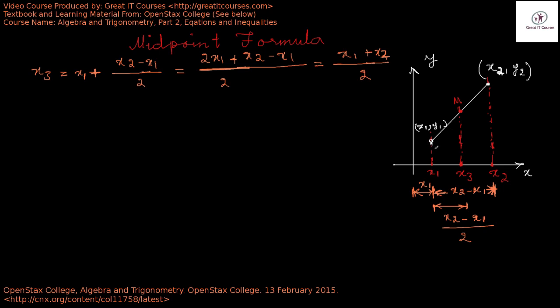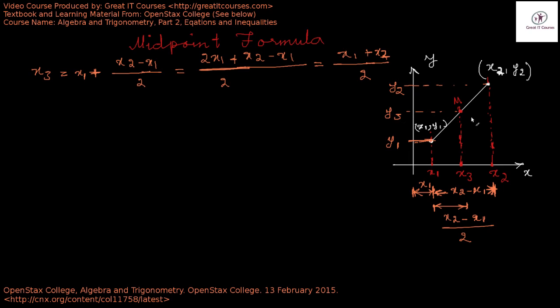So if I drop the perpendicular to the y-axis from this point, would be something like this, and this point on the y-axis is y1. Again, dropping a perpendicular from this point to the y-axis, this is y2. And dropping a perpendicular from this line to the y-axis would be, let's call it y3.